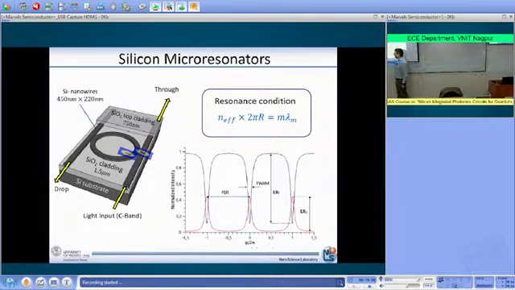In this case, the light from the through is dropping, no transmission, while the light from the drop is increasing, and you have a peak here. And so, depending on the resonance that you are considering, you have a series of dips or a series of peaks in the spectrum of the light that is transmitted to the through port or to the drop port.